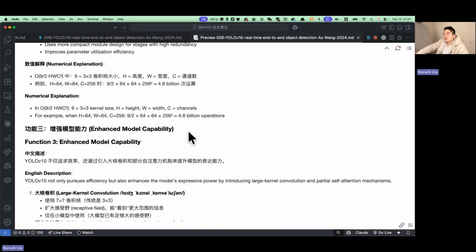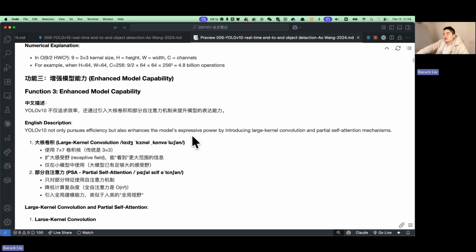Function 3, enhanced model capability. YOLOv10 not only pursues efficiency, but also enhances the model's expressive power by introducing large-kernel convolution and partial self-attention mechanisms.